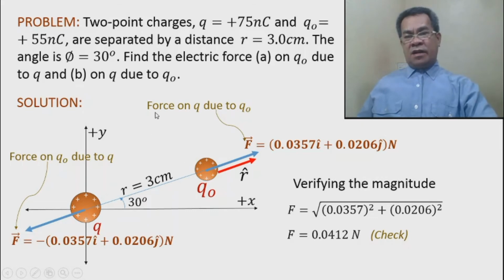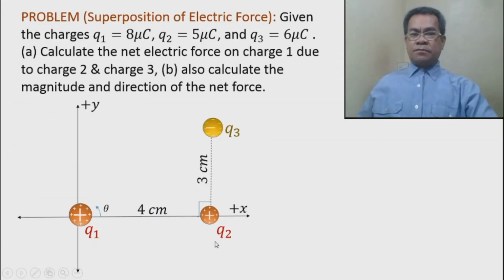Now, this is only two point charges. What will happen if there are other charges here and you are asked to calculate the amount of force from two or more surrounding charges? In that case, we call that the superposition of electric forces. Superposition means we cannot say only one force acts on the charge. It can be two or more depending on the surrounding charges.